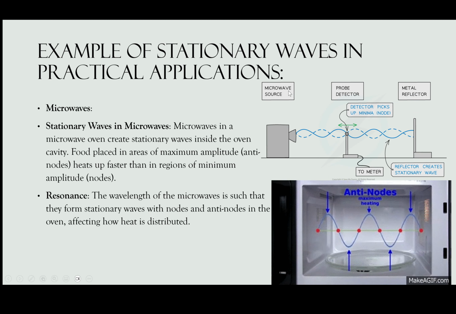Alright, so that's what's happening here. So for a microwave, we have the microwave source, a probe detector and a metal reflector, right? The probe detector is basically attached to a meter to measure the frequency, the amplitude, those things of the waves, and then we have the reflector that creates a stationary wave.